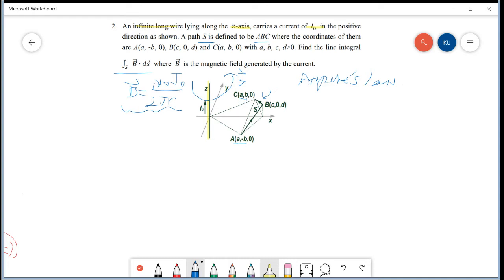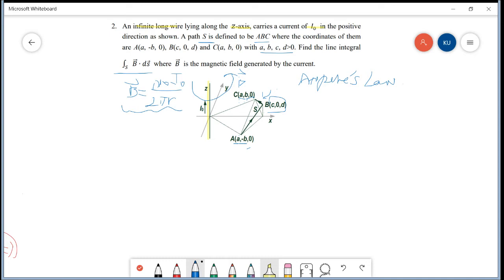For the z coordinate, they are all 0. And this is another point, actually midway between them, but this point is not really important for the answer. Here a, b, c, d are all positive numbers.